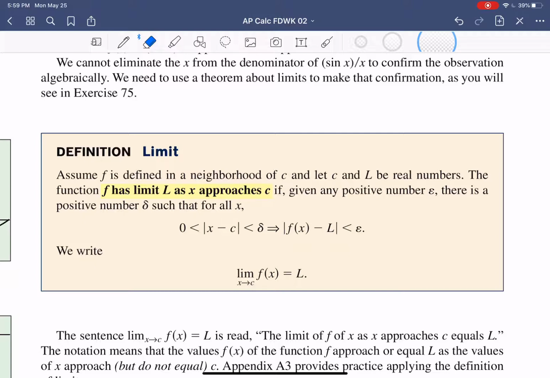We can write that as this notation, which we say the limit as x approaches c of f of x is equal to L. So that's the math book definition, that's college level.